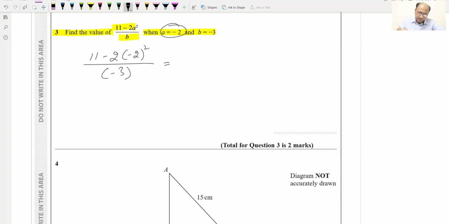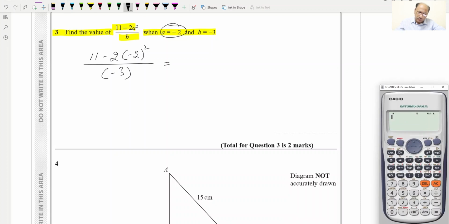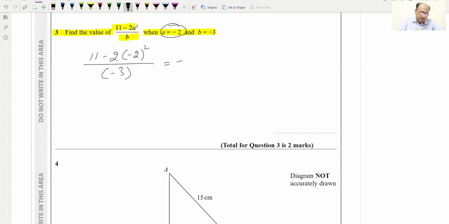This results in the fraction 11 minus 2 times (minus 2) squared over minus 3, which is equal to minus 1. So our answer will be minus 1, and it's a 2-mark question.